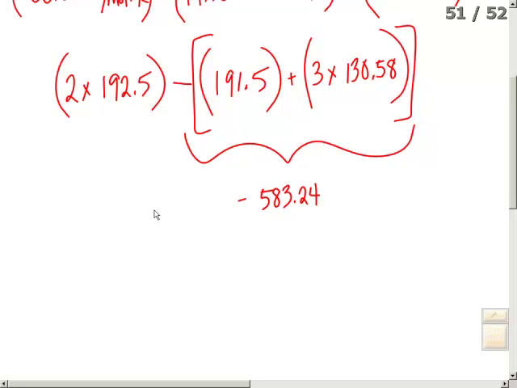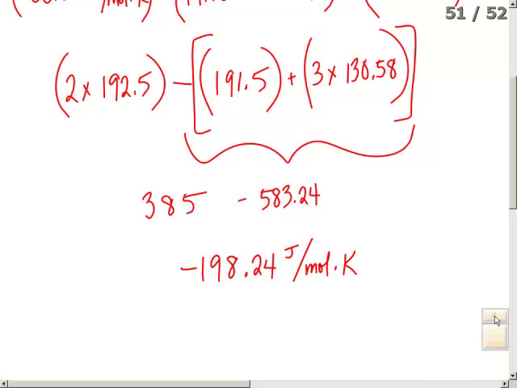And let's go ahead and do 2 times 192.5. Okay, we get 385. Alright, so let's do that now. Minus 583.24. I get negative 198.24 joules per mole K.